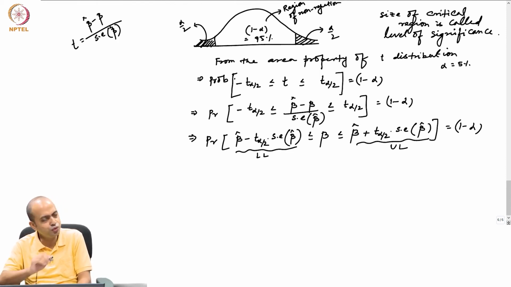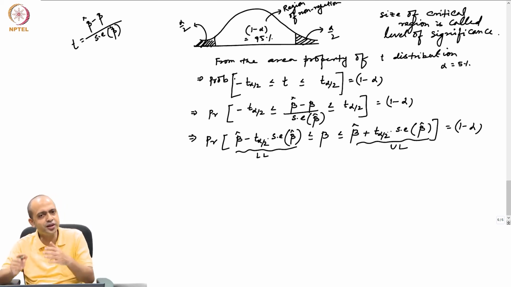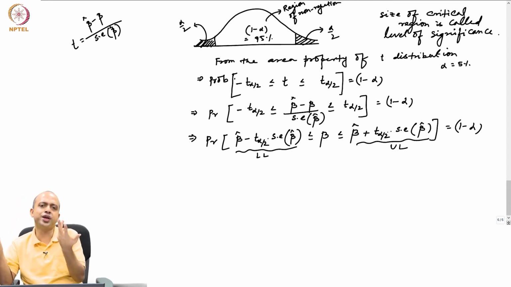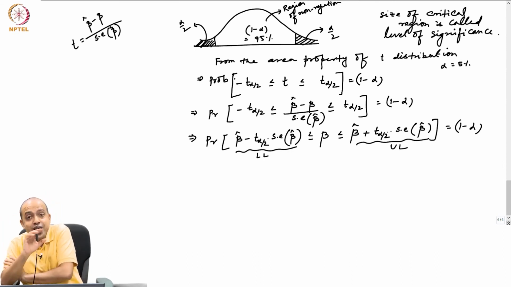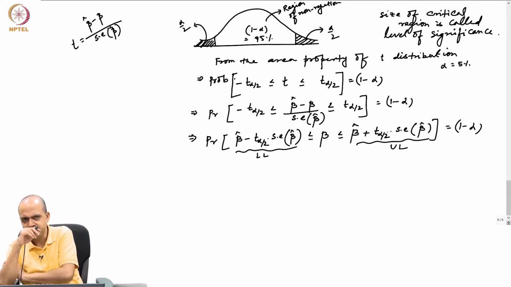That means the lower limit is known, the upper limit is also known, so the interval itself is known. When the interval is known, it will either capture beta or not capture beta. Where is the probability here? We cannot attach a probability to an interval which is known to us. Then what is the meaning of this probability statement?